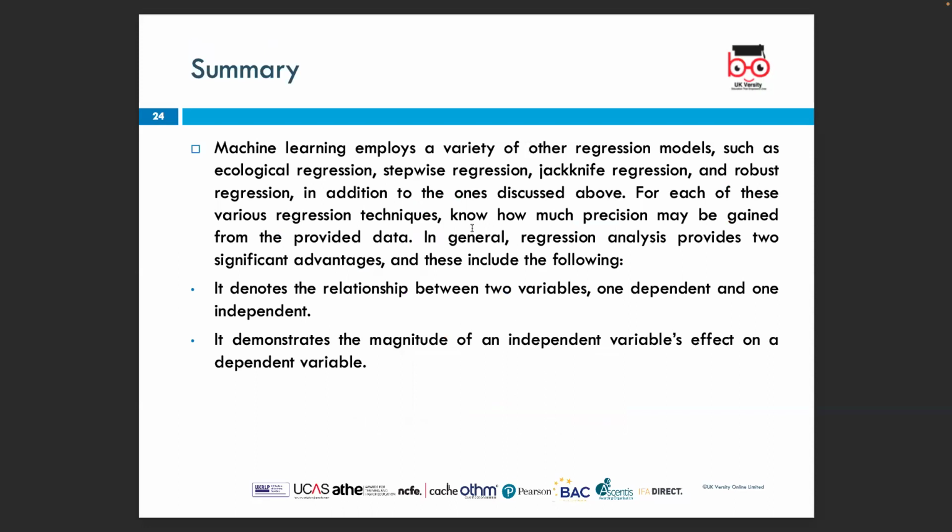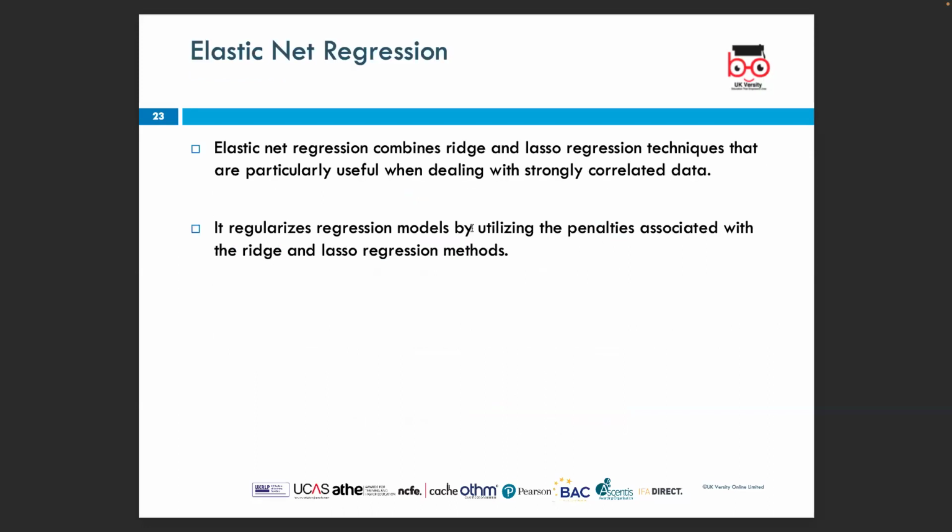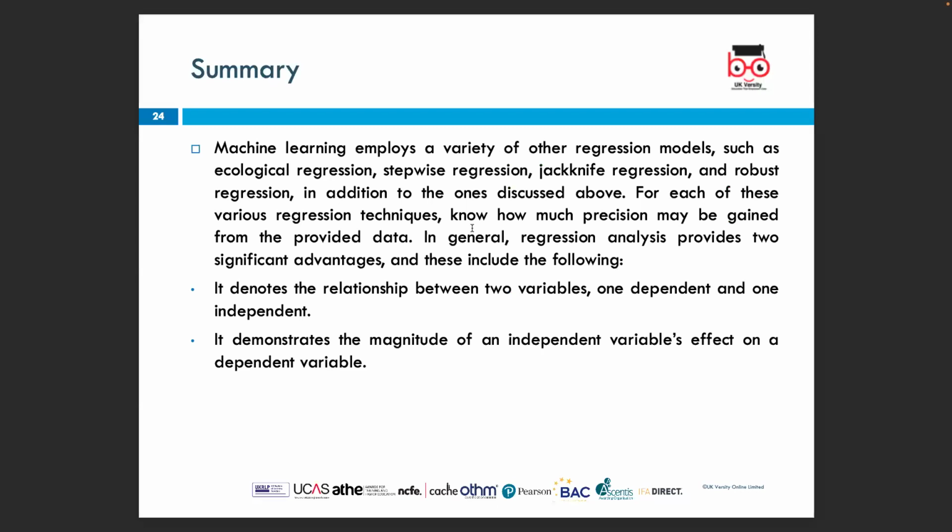So this brings a conclusion to what we've been looking at so far. And then the summary: machine learning employs a variety of other regression models, such as ecological regression, stepwise regression, jackknife regression, and robust regression, in addition to the ones we discussed previously. For each of these various regression techniques, know how much precision may be gained from the provided data.